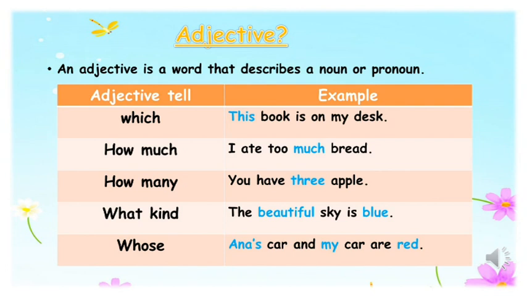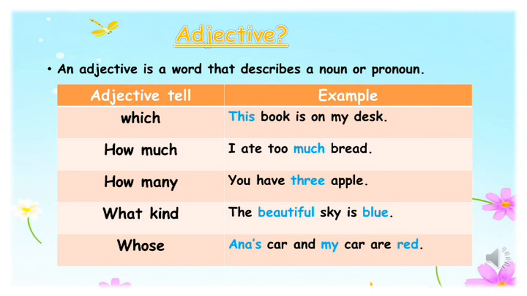So we know that an adjective is a word that describes a noun or pronoun. But what types of details do adjectives tell us about the nouns and pronouns? Adjectives tell us which, how much, how many, what kind, and whose.